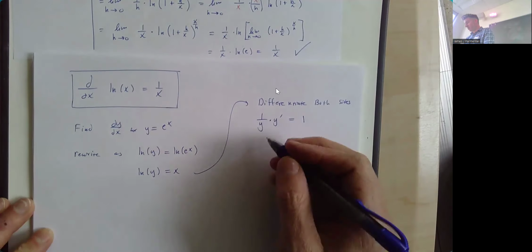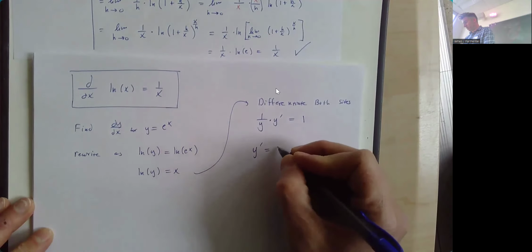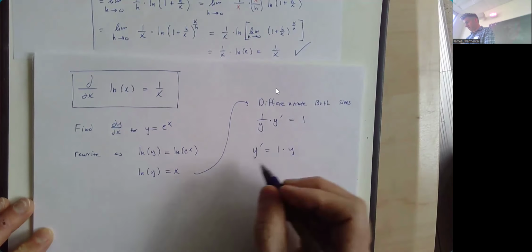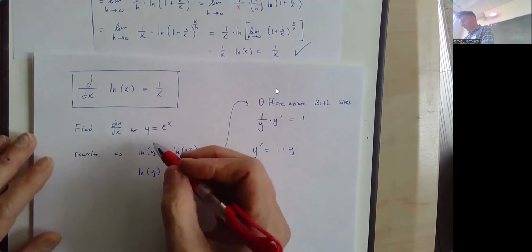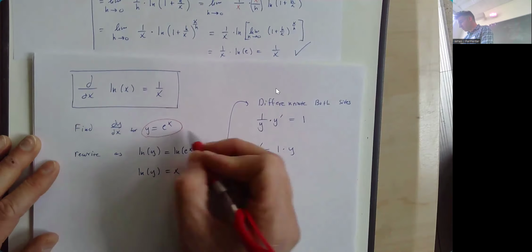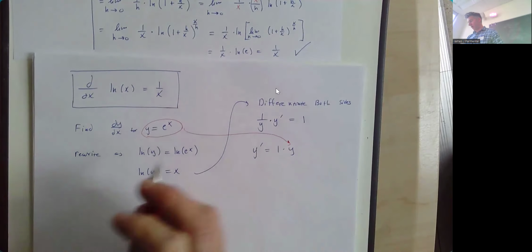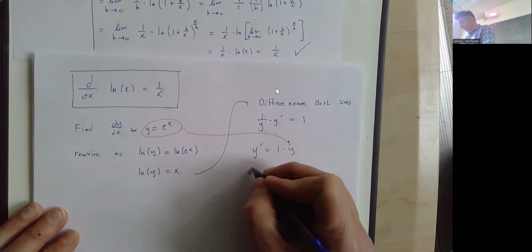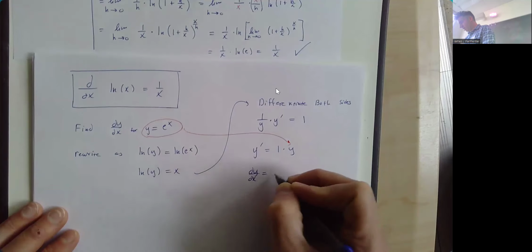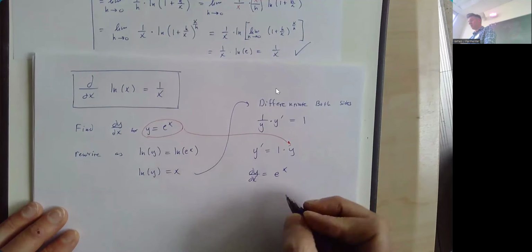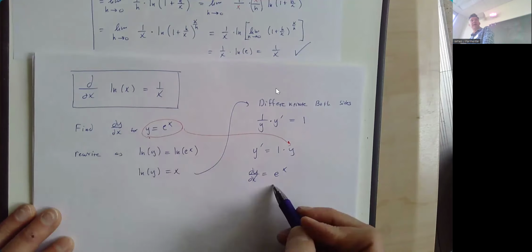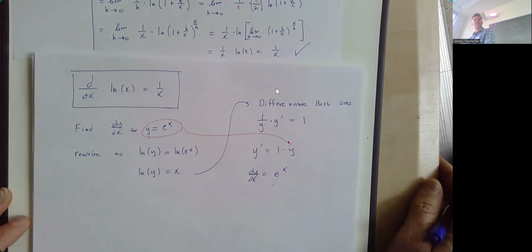Solving for y prime, it is equal to 1 times y, but then substituting back in what we said y was equal to in the very beginning, y prime or dy dx is equal to 1 times e to the x. So the derivative of e to the x is e to the x. Cool.